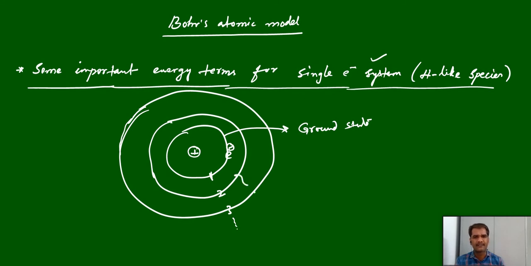All the remaining shells together are called excited states. Other than the ground state, it is the excited state. The electron energy in the ground state is called ground state energy. If the electron is in any excited state, that energy is called excited state energy.